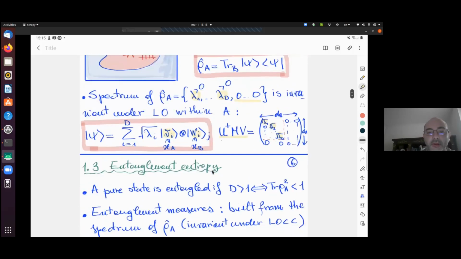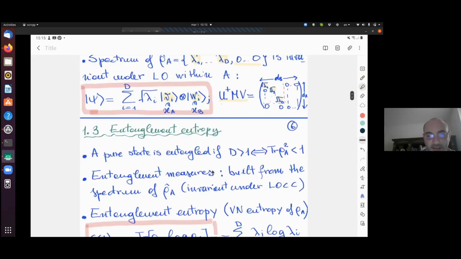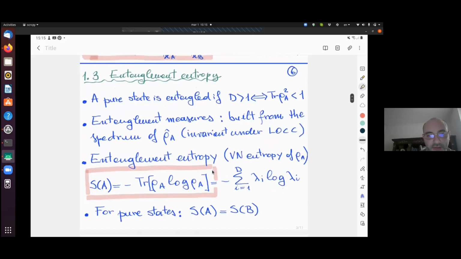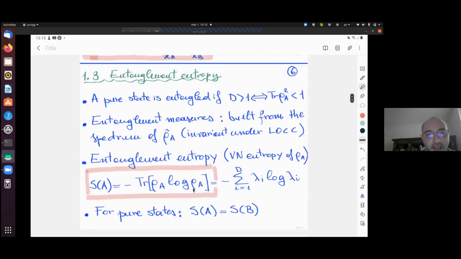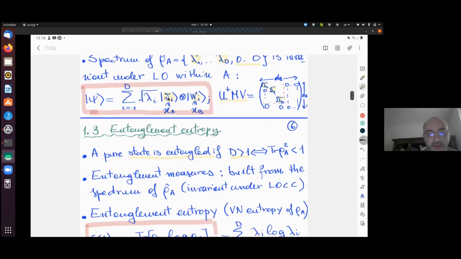Okay, so that being said, let me move just to the last definition, which will be useful in this talk, and this is the definition of entanglement entropy. So, as I said, a pure state is said to be entangled if D is larger than 1, namely if in this linear superposition more than one term appears.